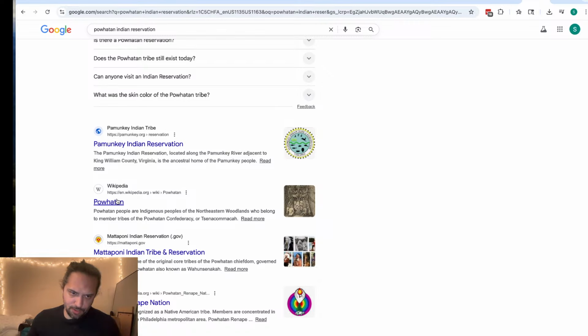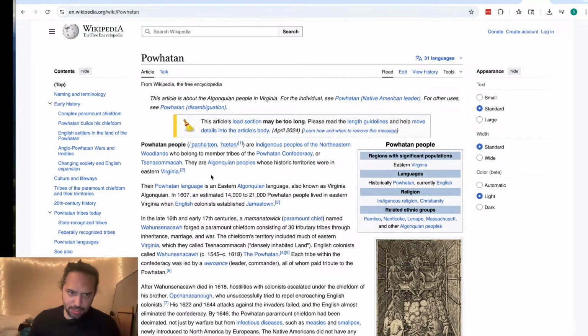I am confused. Powhatan people are indigenous people of the northeastern woodland who belong to member tribes of the Powhatan Confederacy, or they are Algonquin peoples whose historic territories were eastern Virginia. The Powhatan language is the Eastern Algonquin language, also known as Virginia Algonquin, and an estimated 14 to 21,000 Powhatan people lived in eastern Virginia.